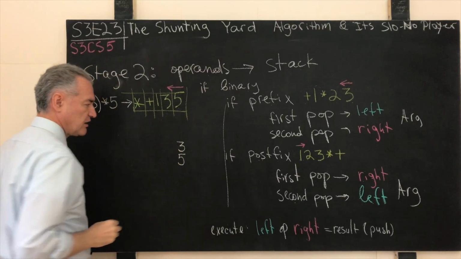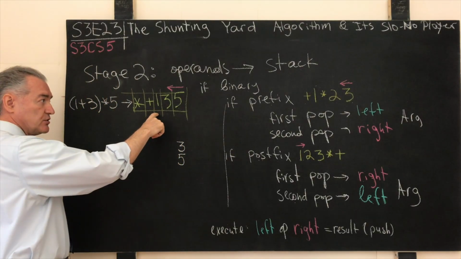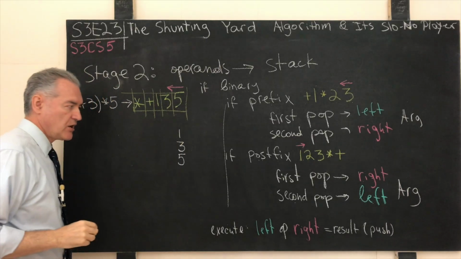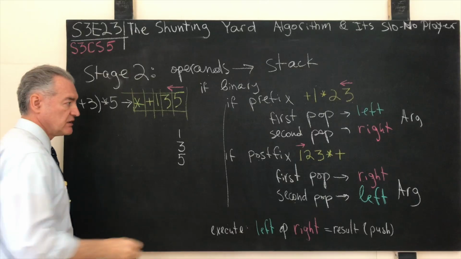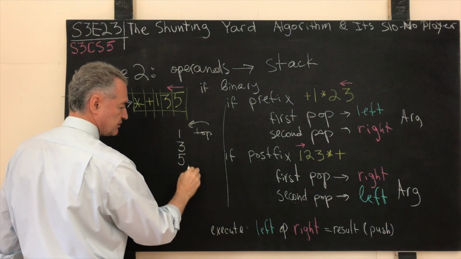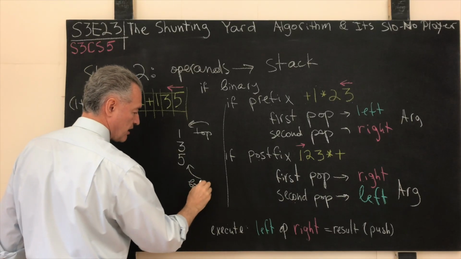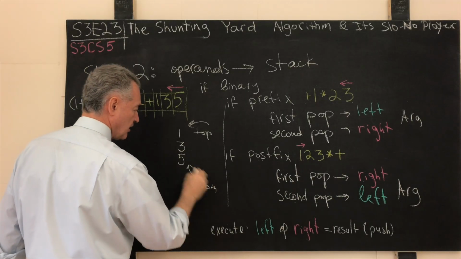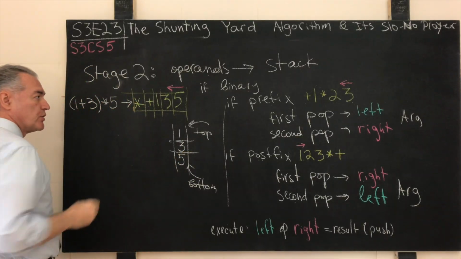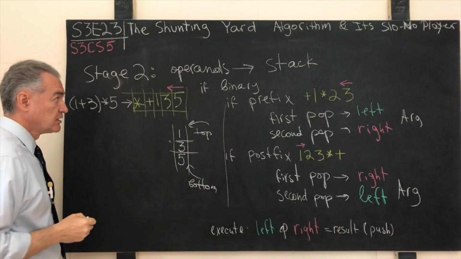So now our stack looks as follows. Next token, 1, argument, push it onto the stack. This is what our stack looks like right now. This is the top. This is, let's say, the bottom of the stack.